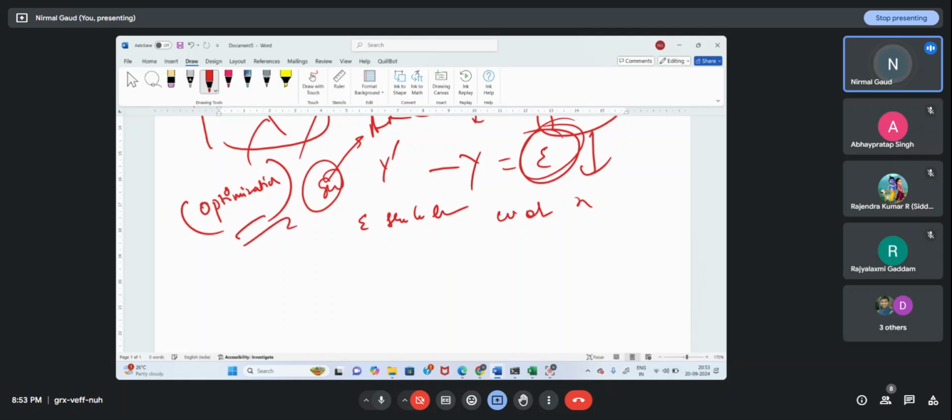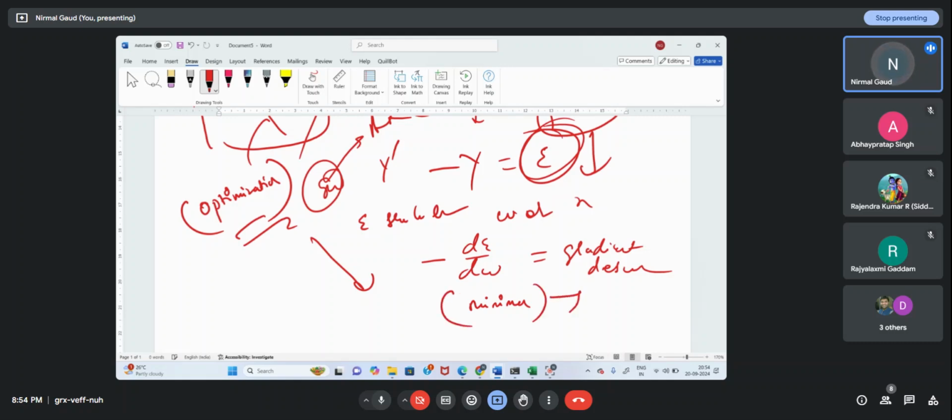That's what optimization is. And this de by dw, because I'm going to put the minus sign outside, is called gradient descent. Descent means error should go down. That is gradient descent.